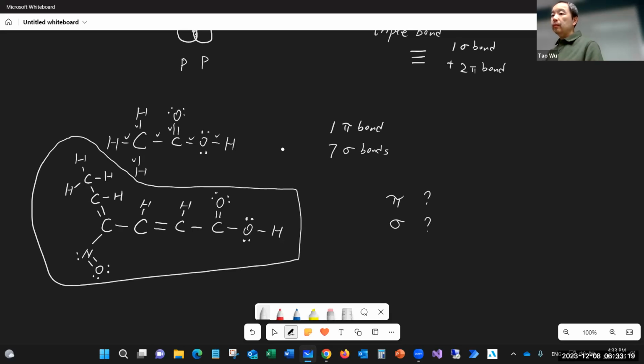That's not bad. Now we're going to count this separately, because they have double bonds and single bonds. So how many single bonds do we have?